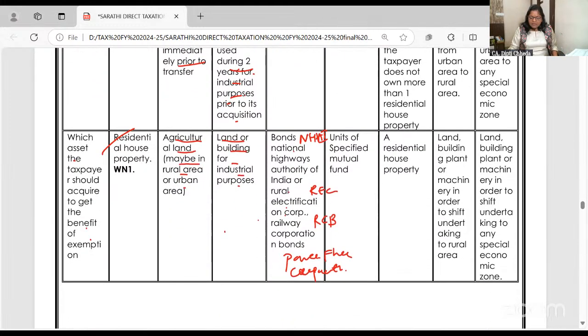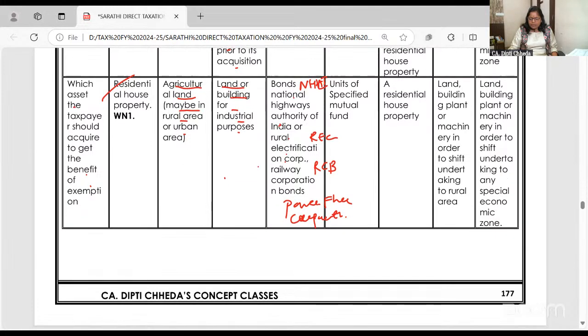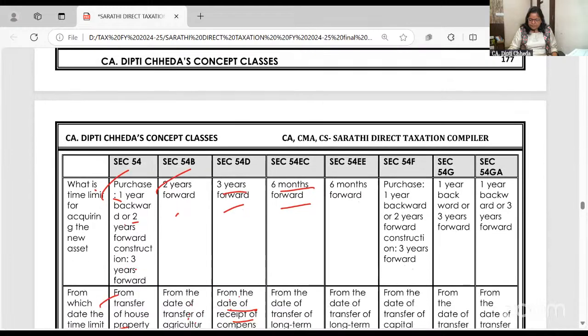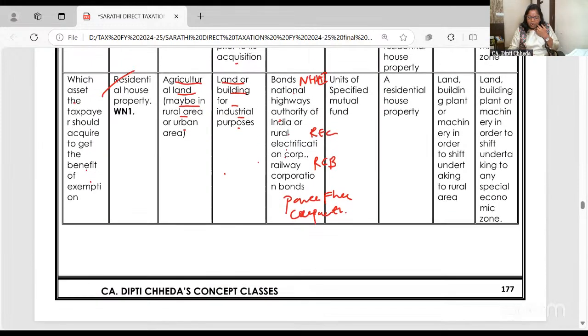In 54 EC you are buying bonds. Here you are buying units of specified mutual funds. Time limit for purchase is 6 months forward to buy the bonds.